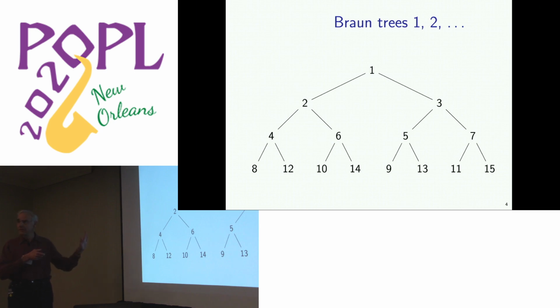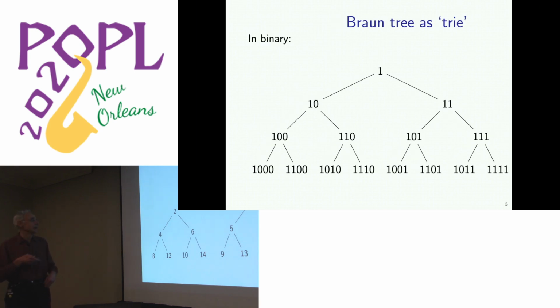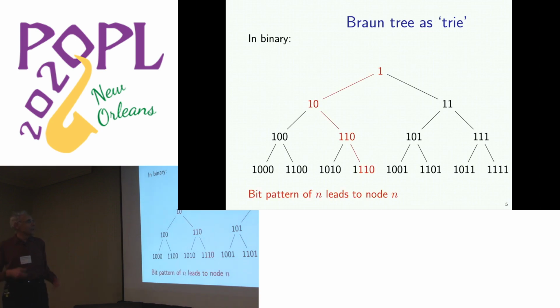These are the indices of the node. And so if you interpret the indices in binary, then it's just a trie. And you can reach any node using the bit pattern as a direction how to reach from the root the particular node that you're addressing, and 0 and 1 telling you whether to go left or right.